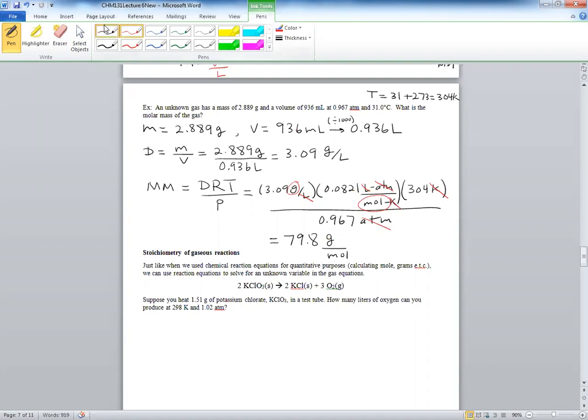Now, how do you identify this? You have to be very careful when you identify this. You cannot just simply go to the periodic table and pick out the one that matches it. This must be a gas.